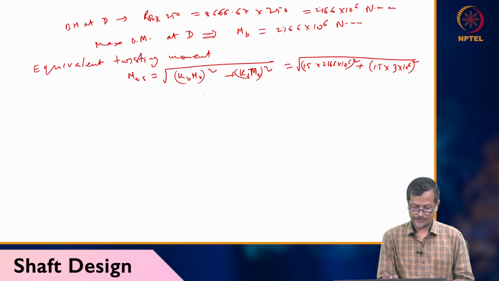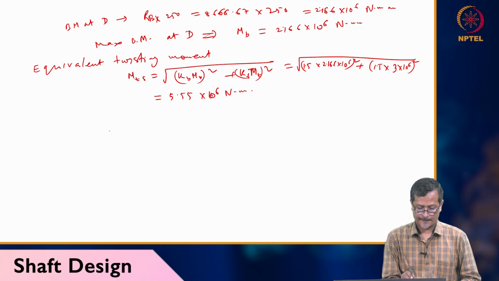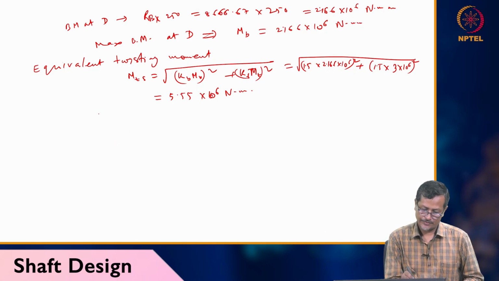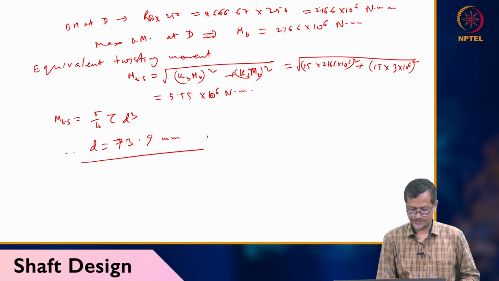That is giving MTS equals 5.55 into 10 power 6 Newton millimeter. And we know MTS equals pi by 16 tau d cube. So this is giving D equals 73.9 millimeter. So this is your answer.